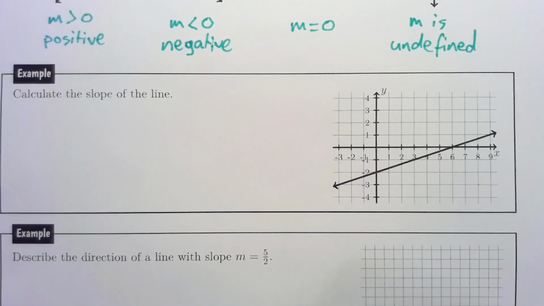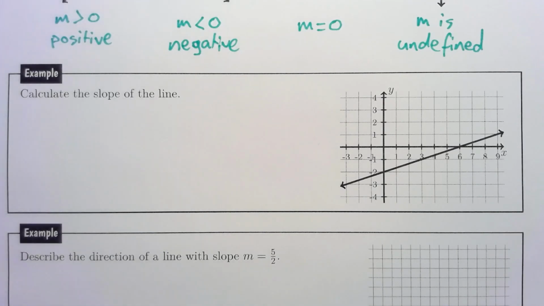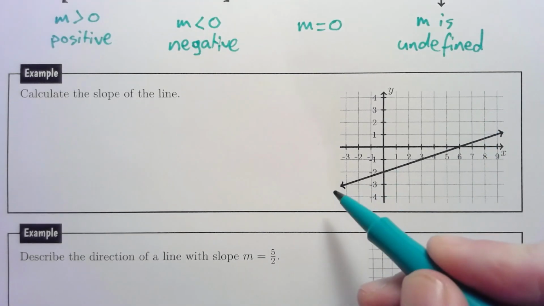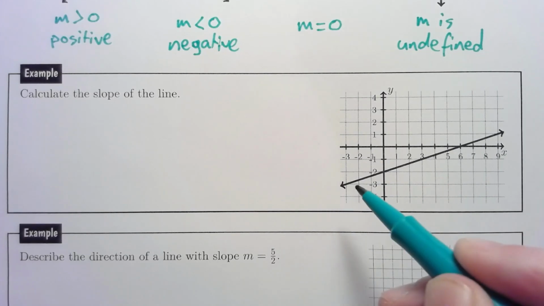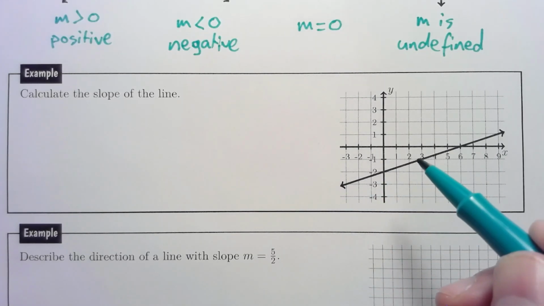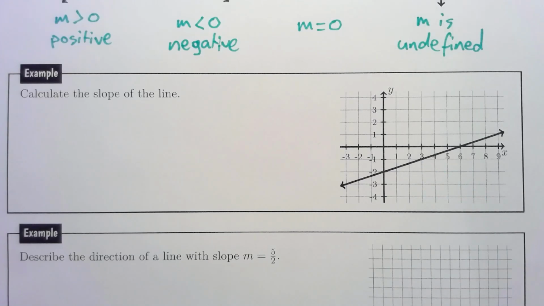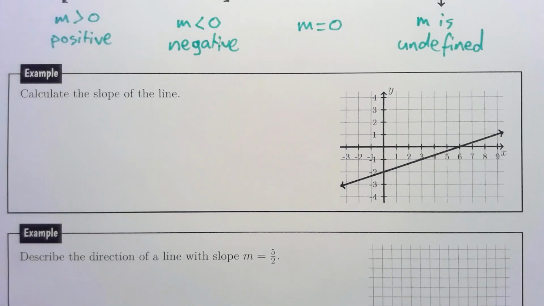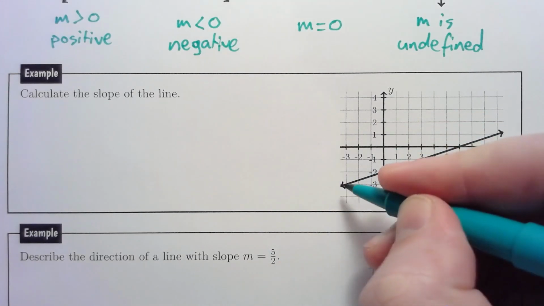So we have a graph here, and we are asked to calculate the slope of the line. Now, notice that our line passes over a grid. Some of the points on the line are at grid intersections, but some are not. So let's focus on the ones that are at grid intersections, because they're going to be easy to work with.